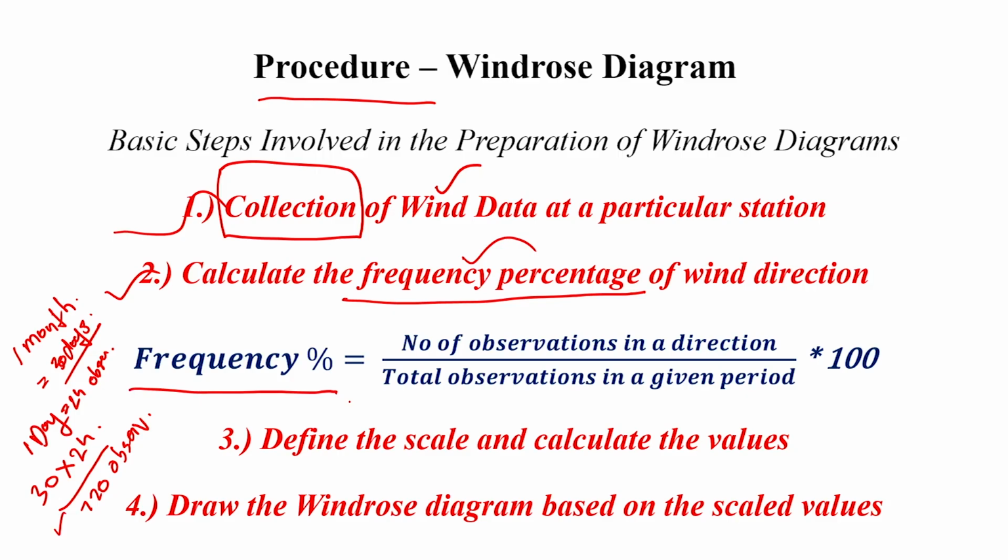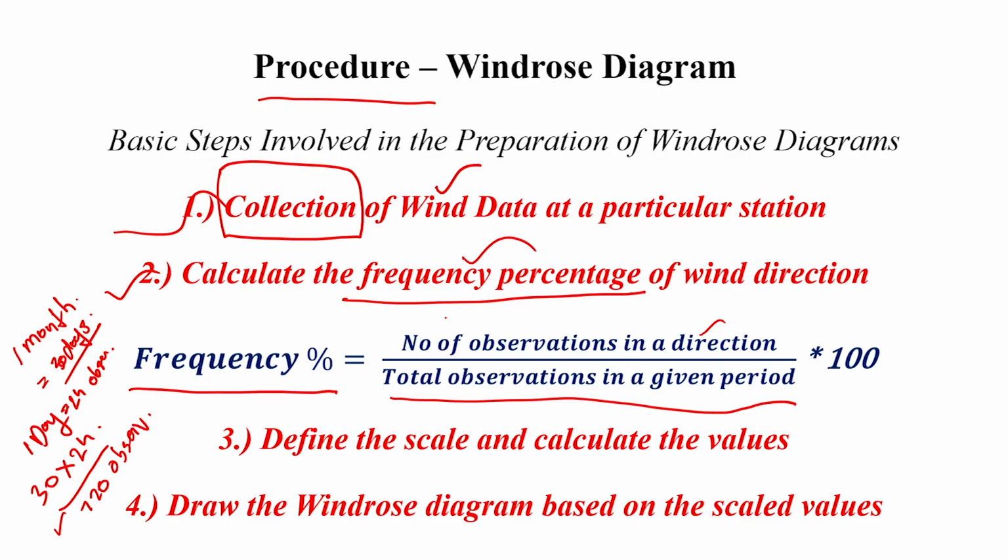From these 720 observations, what I will do is just see this formula: frequency percentage is the number of observations in a given direction divided by the total observations in a given period. So, for my 1 month the total observations is 720, and the number of observations in a direction will come on top, multiplied by 100.